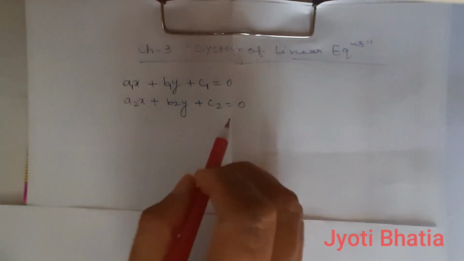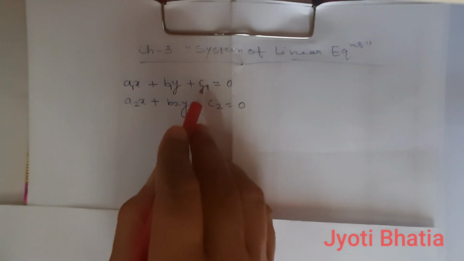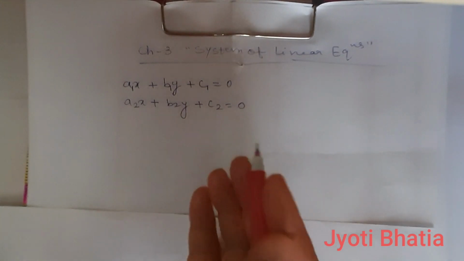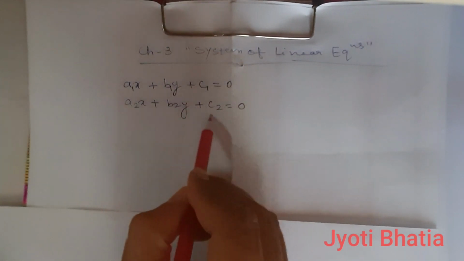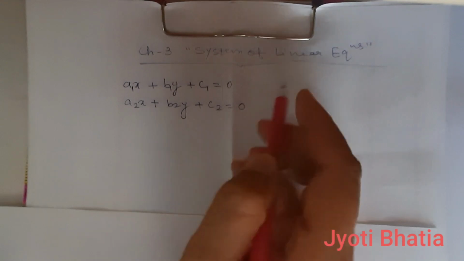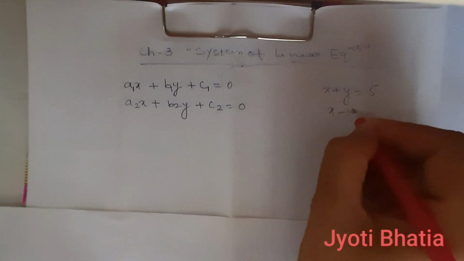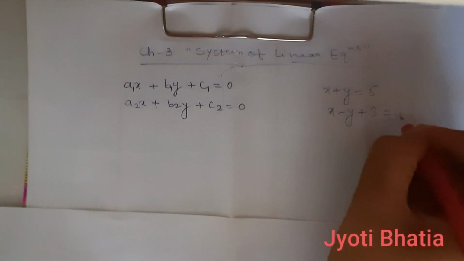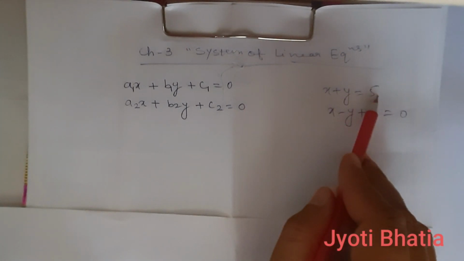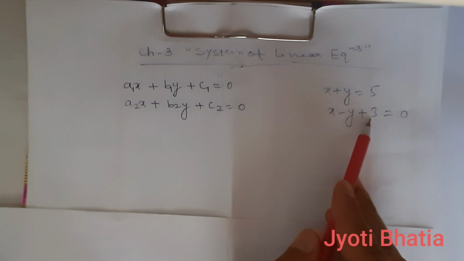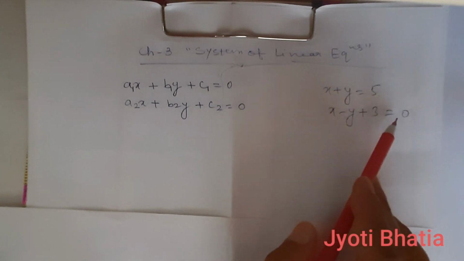Just make sure, beta, when two equations are given, either c1 and c2 both should be on LHS or both should be on RHS. You should not entertain such equations where, let's say, in one case your constant is on RHS, in another case your constant is on LHS. So this will not be valid.